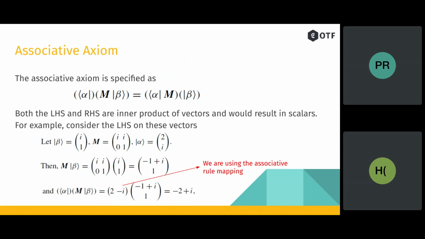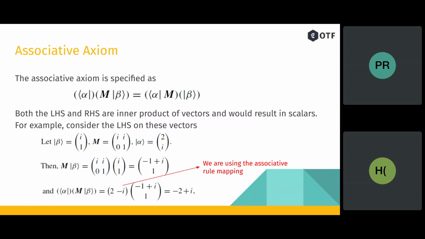If you have bra alpha multiplied by matrix M operator with ket beta, then this is like A, B, C. So A into BC equals AB into C. That's the type of association. We don't change any of the positions. We just change the bracket position, that is, which one you multiply first.